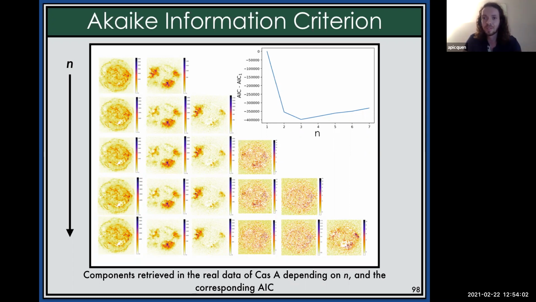It's just an effect of the way it works. We retrieve images and spectra, and the order is more or less always the same, but it's not a question we ask the algorithm. Okay, so that can't be used as a way to decide when to stop adding components.